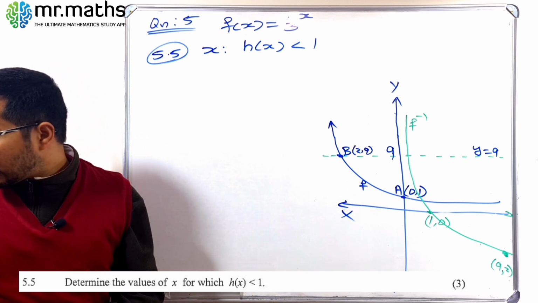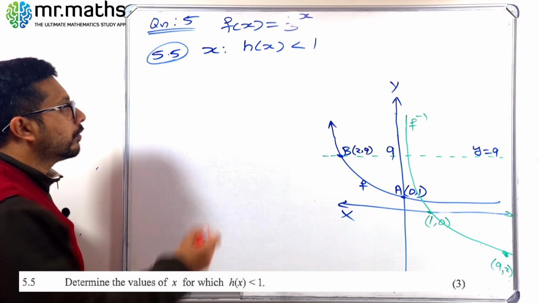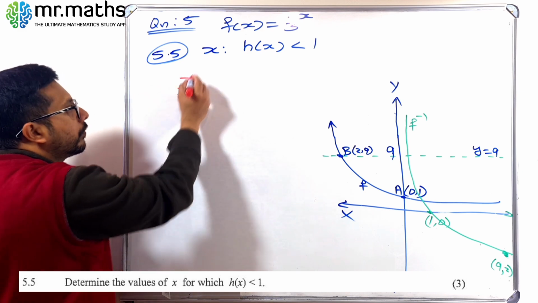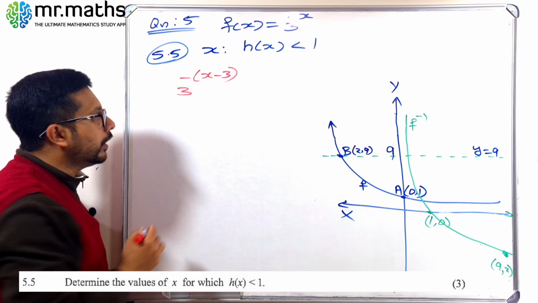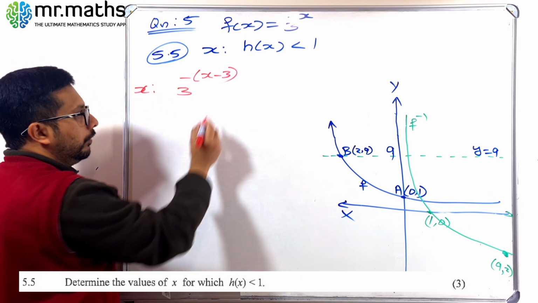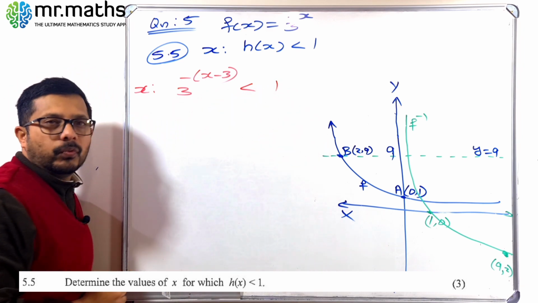Previous question, do you remember we already got h of x? What is our h of x? This h of x is 3 raised to minus of x minus 3. This was our h of x, and the condition is h of x is less than 1.